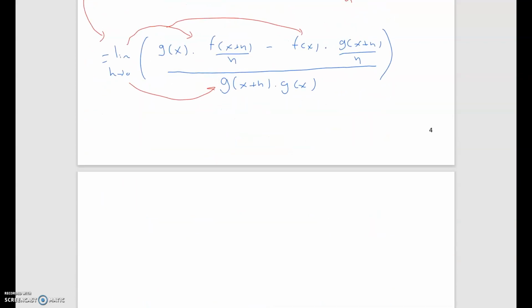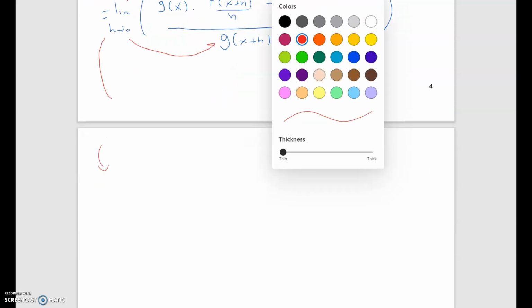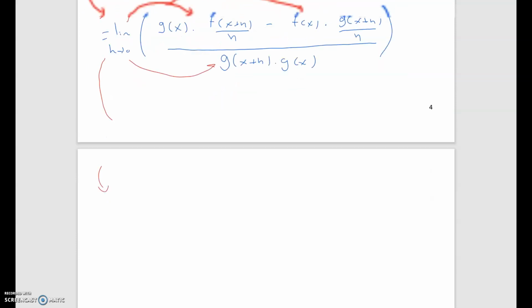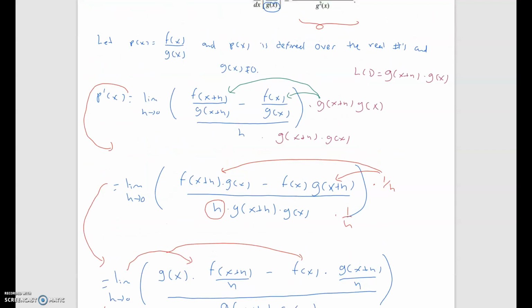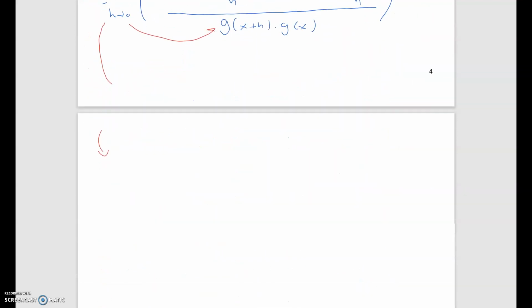So at this point, let me rewrite the problem, but let me go to the second page. We still have p prime of x.